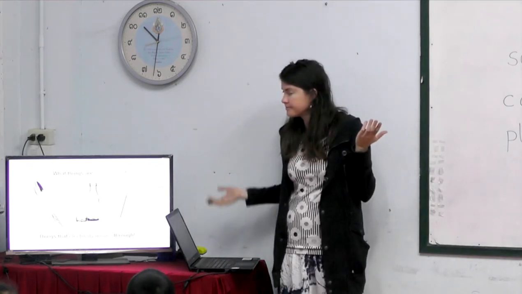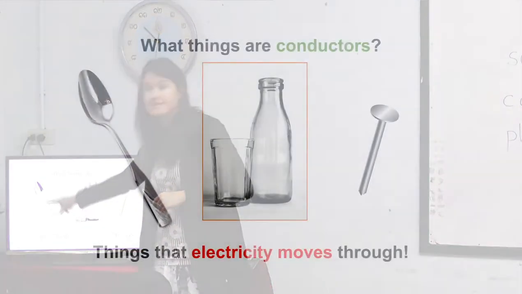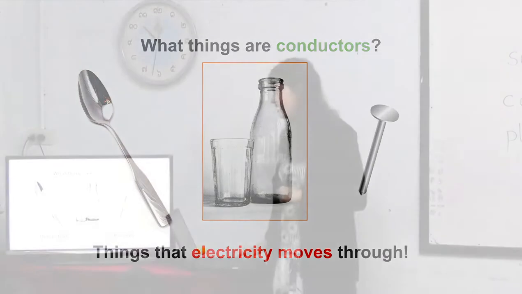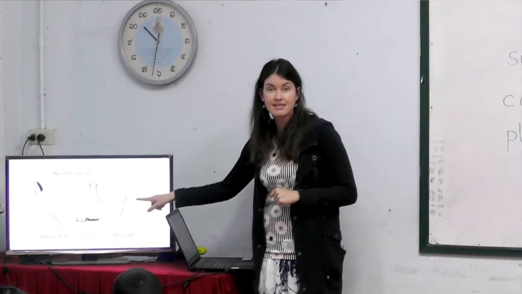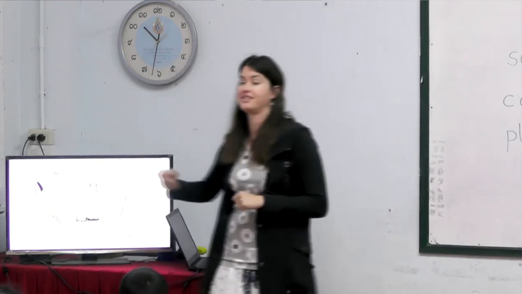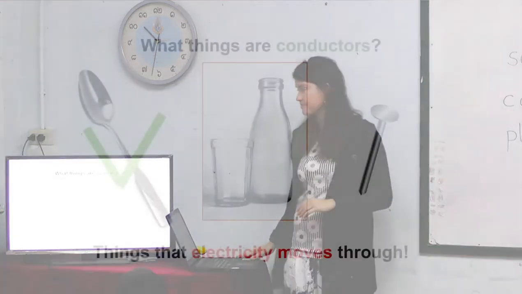Yeah, our electricity is going to be able to move through that spoon, because it's a metal spoon, and also through the nail, because the nail is also metal. That's right, it's not going to move through that glass. It's going to stop with that glass. Very nice. Our nail is a conductor, and our metal spoon is a conductor. Those things are going to have electricity moving through them.